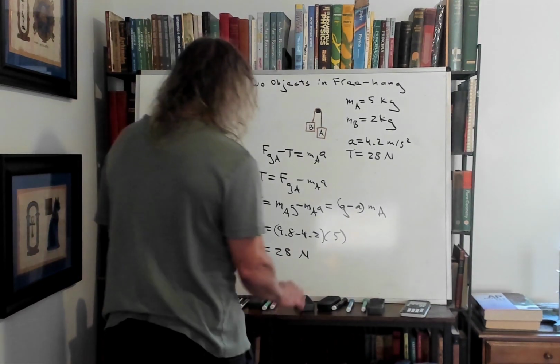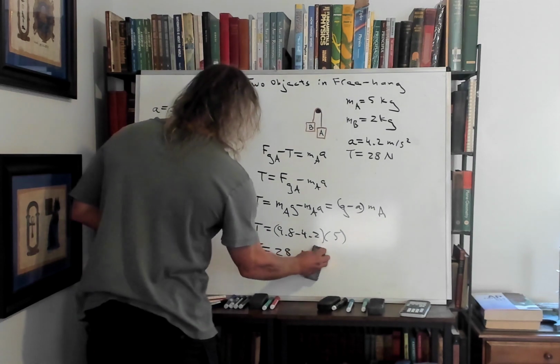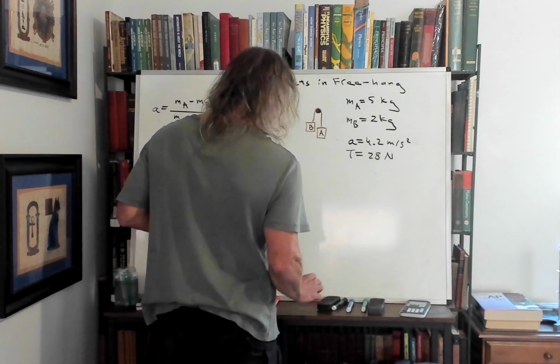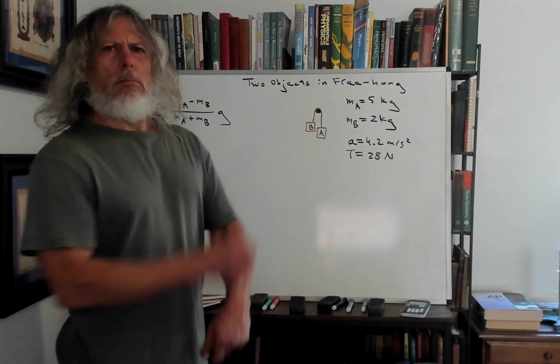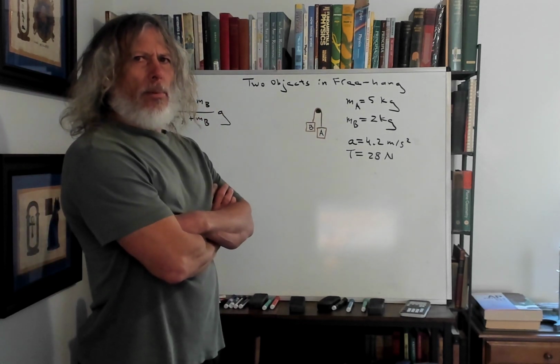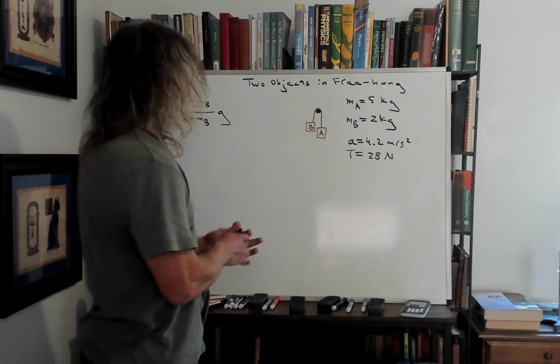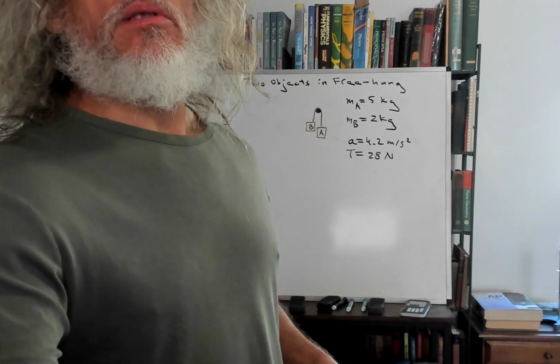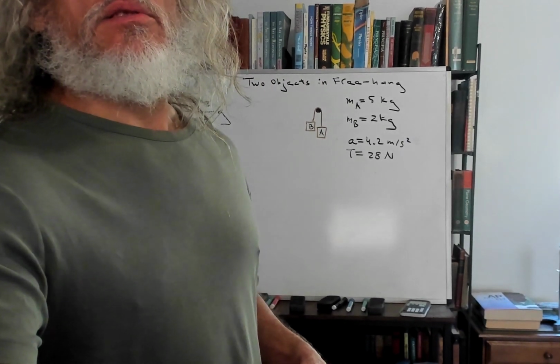So now we got that stuff. Now, how long does it take for block A to fall 2 meters? So here we're doing our equations of motion. Get back to this. Click here. Okay.